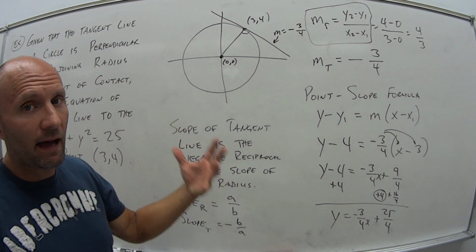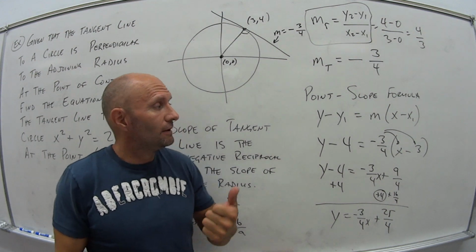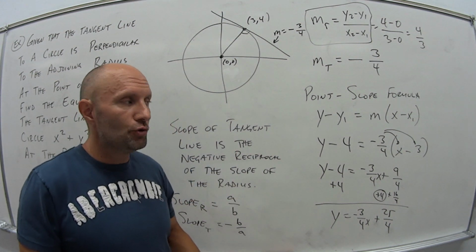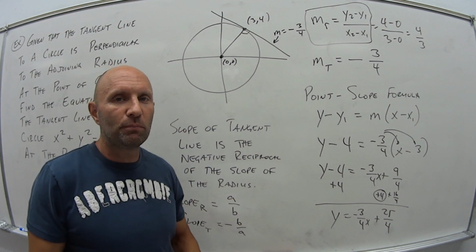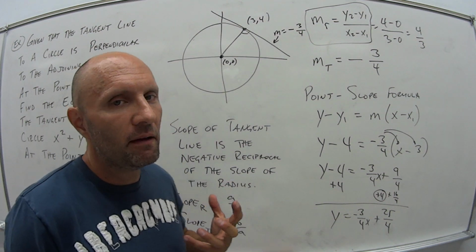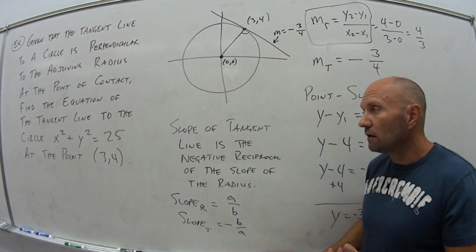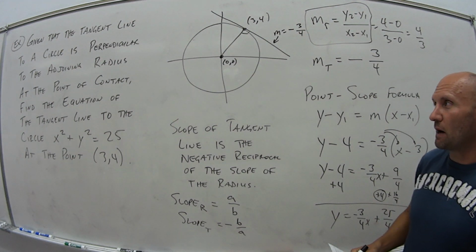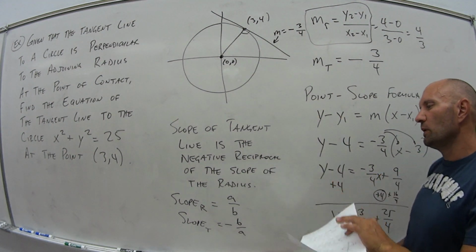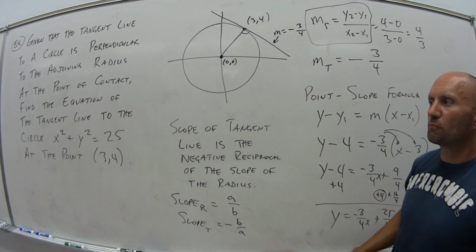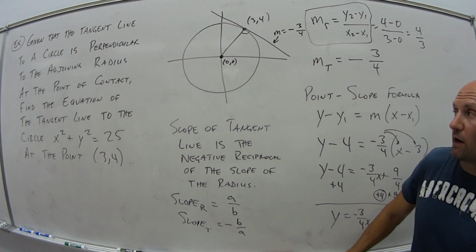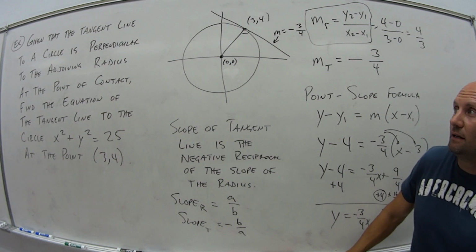So you can see a lot of concepts you need to know, a lot of work you need to do. That's why this is a big point problem on your exam. So again, make sure you understand it. If you have any questions about how I got this, or where we got that number, or why we did this process, try to watch the video again. Hopefully I pointed it out.